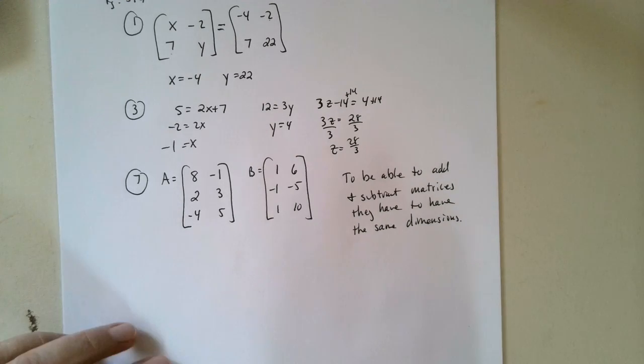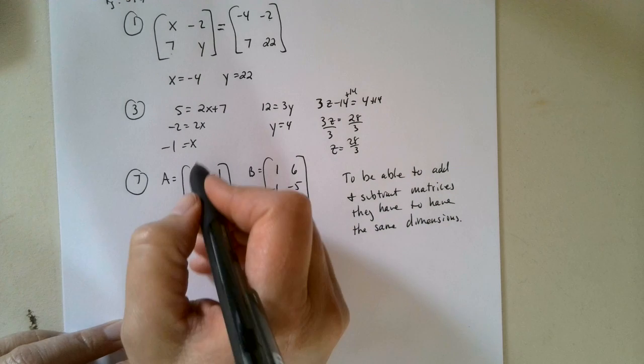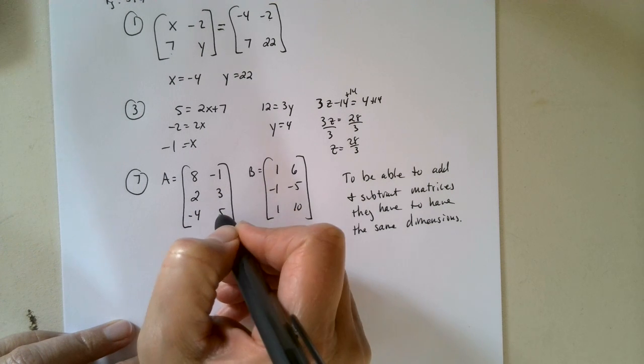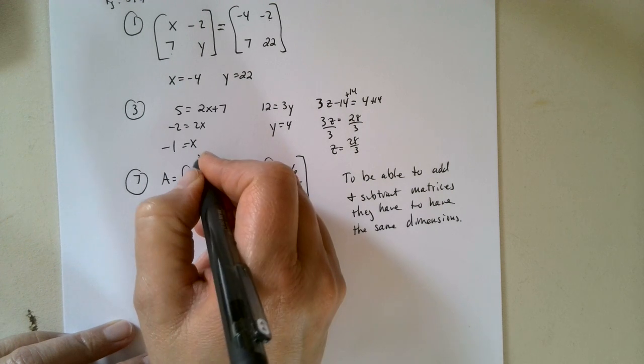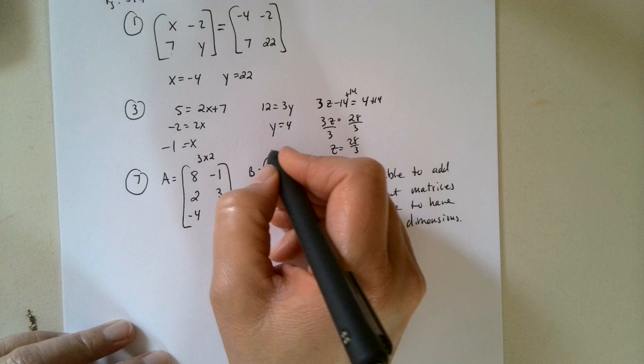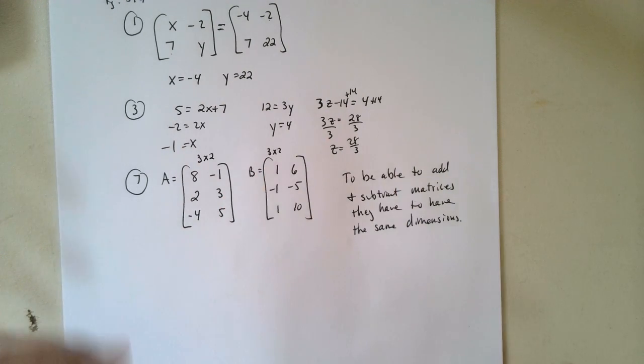They have to be the same size. So matrix A, we've got 1, 2, 3 rows and 2 columns, so this is a 3 by 2. Matrix B is also a 3 by 2, so we would be able to add them together or subtract them.